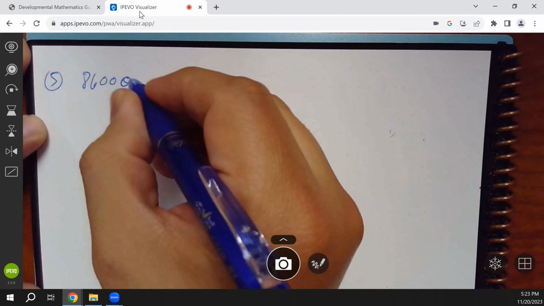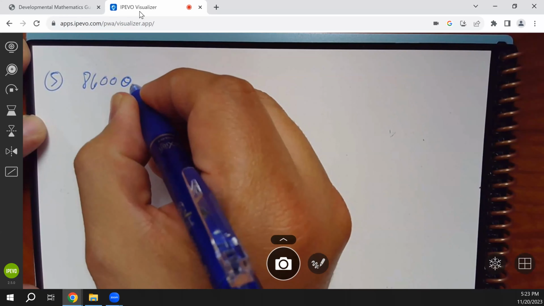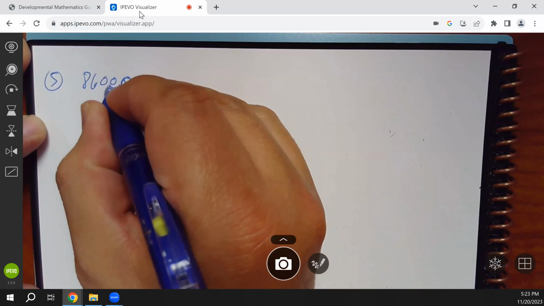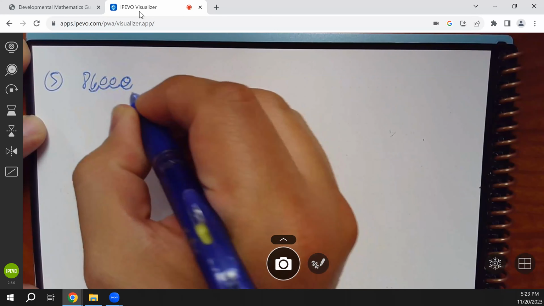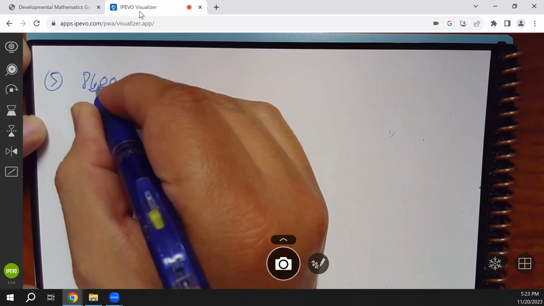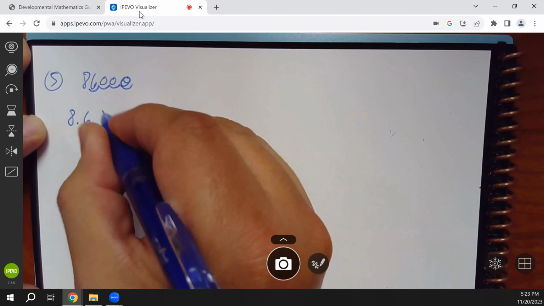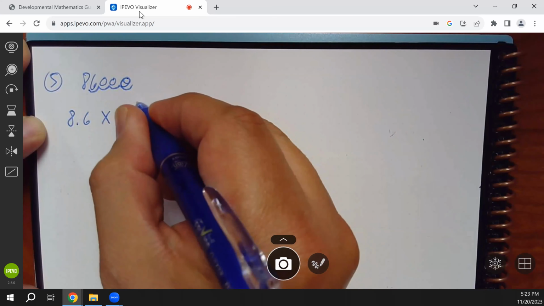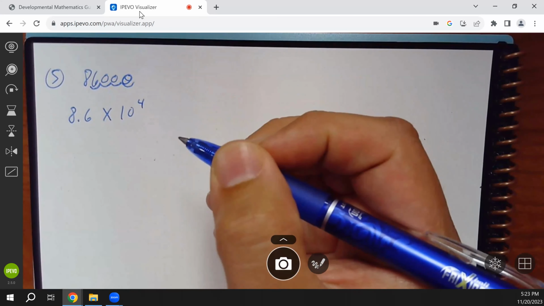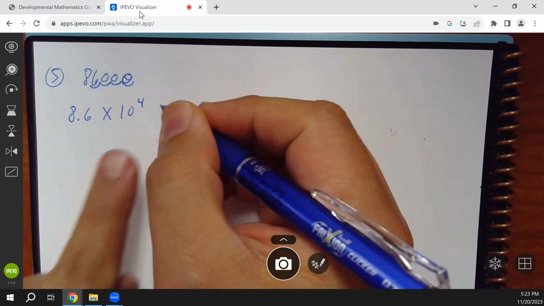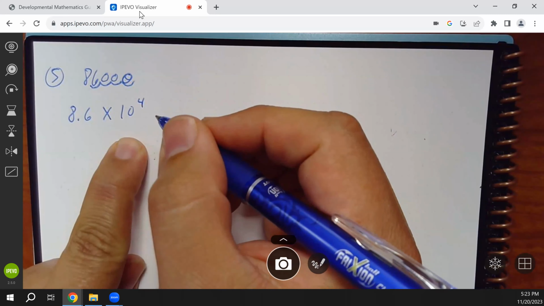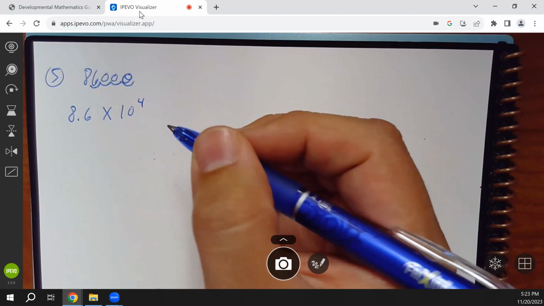So what you want to do is remember that there's always a decimal point at the very end. How many times are you going to move it? Move it to the left. You need to compensate by adding 10 to the 4. Move it to the left 4 times.